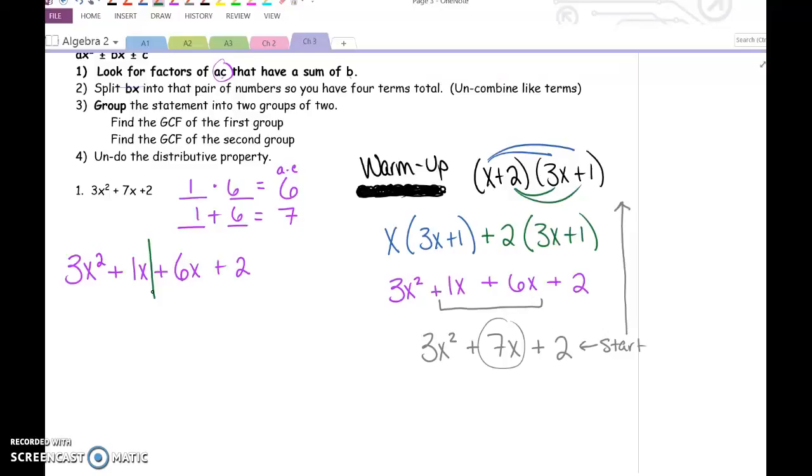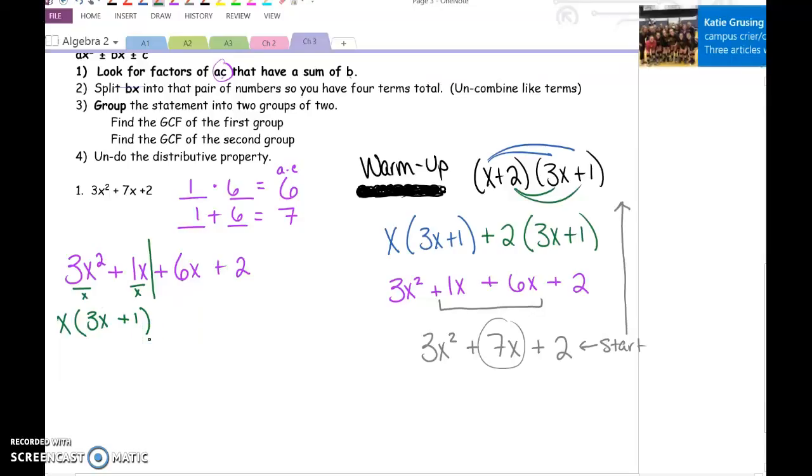What does 3x squared and 1x have in common? An x. So we can undistribute an x, or you can think of it as dividing both of these things by x. So 3x squared, if we pull one of those x's out, we'd be left with 3x. Take the term 1x, pull the x out of it, you'd be left with 1.